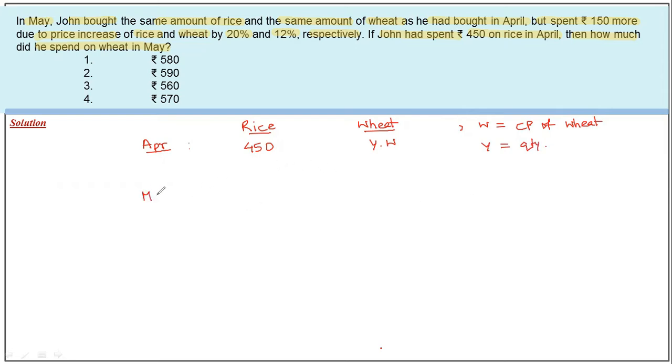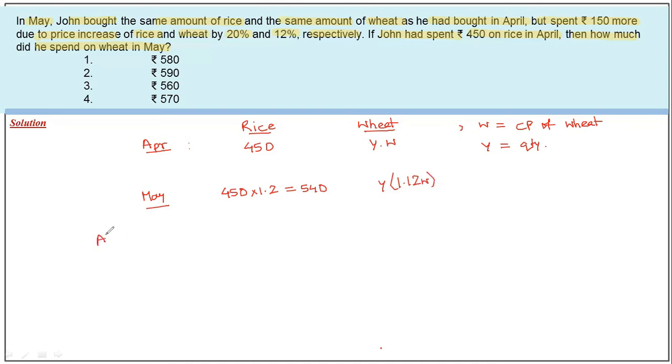Now in May, price of rice increased by 20%, so it will be 450 into 1.2, because quantity is same, is equal to 540. And in case of wheat, price increased by 12%, so we have y into 1.12 w.